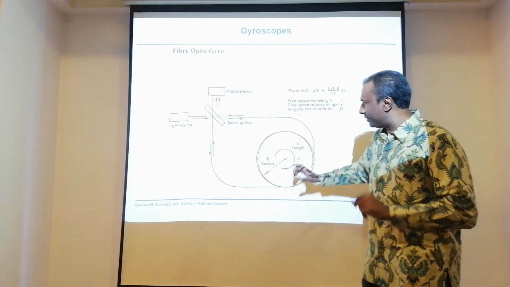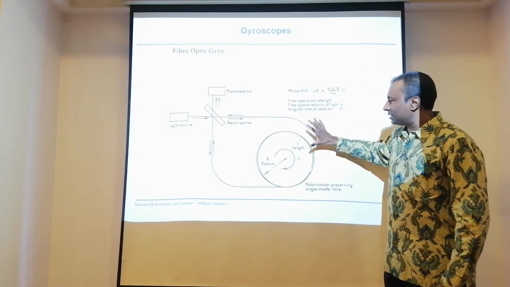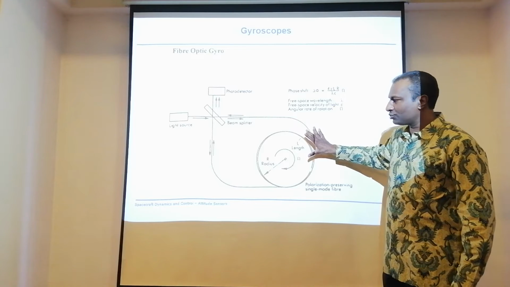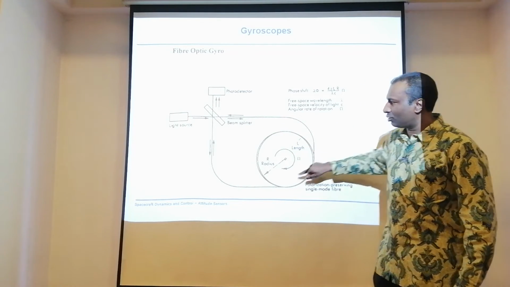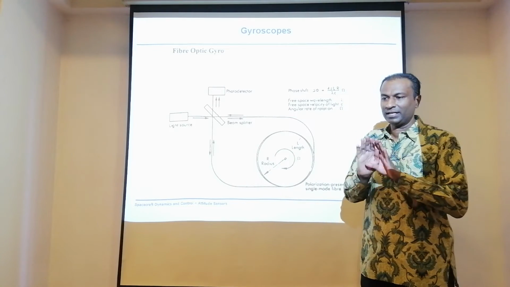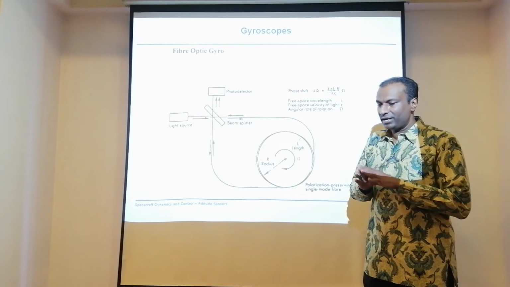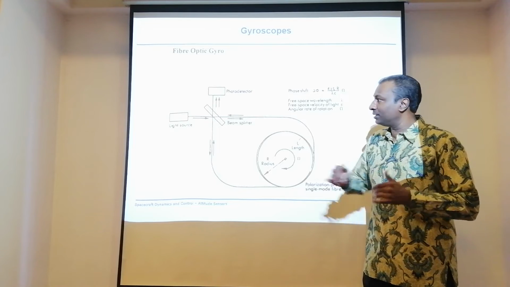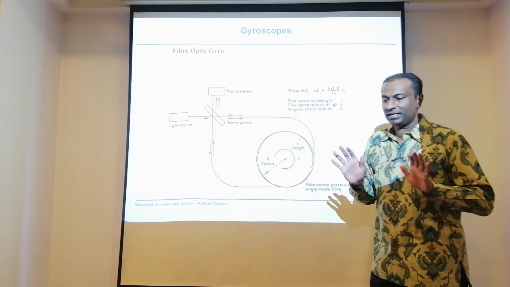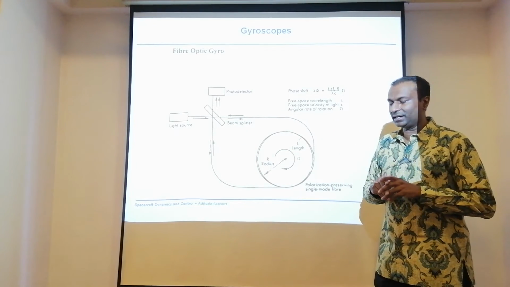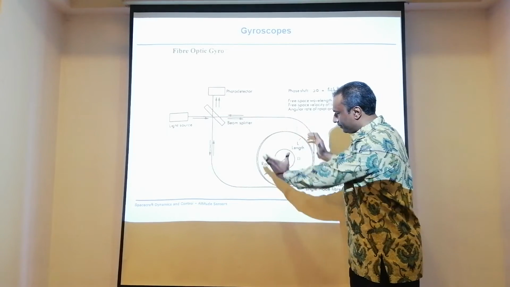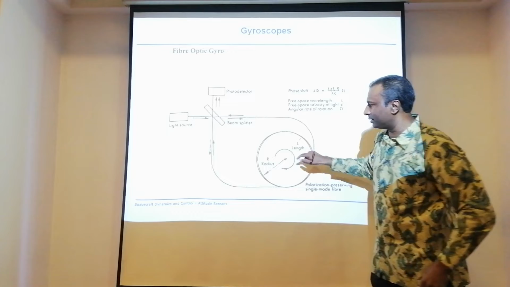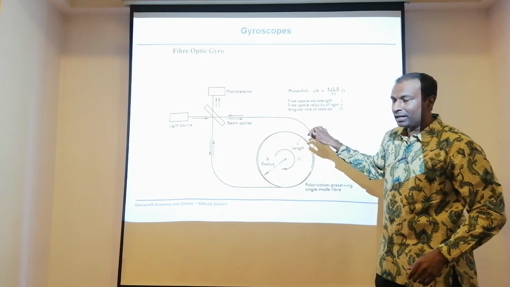Now what exactly happens when there is no motion, this is stagnant? The speed of light is not going to be disturbed. So technically speaking, it's perfect. What you inject in, what comes out, the photo detector will detect exactly like what you inject in. But assume that there is a movement in this particular coil.